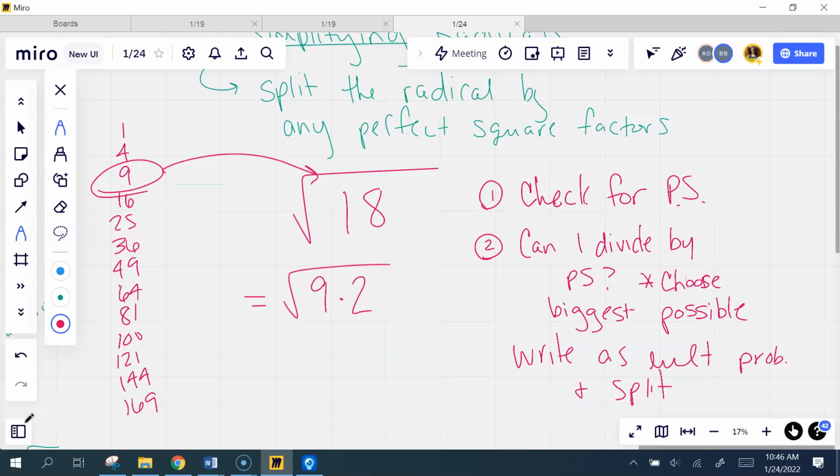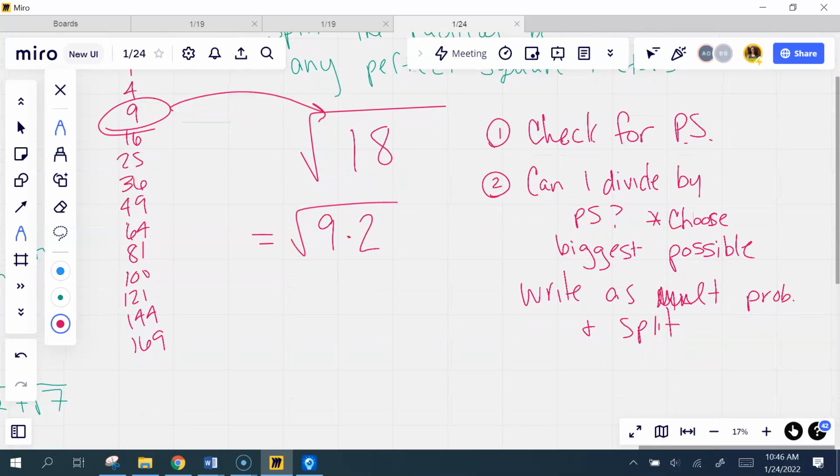Multiplication problem. Now let's split them.